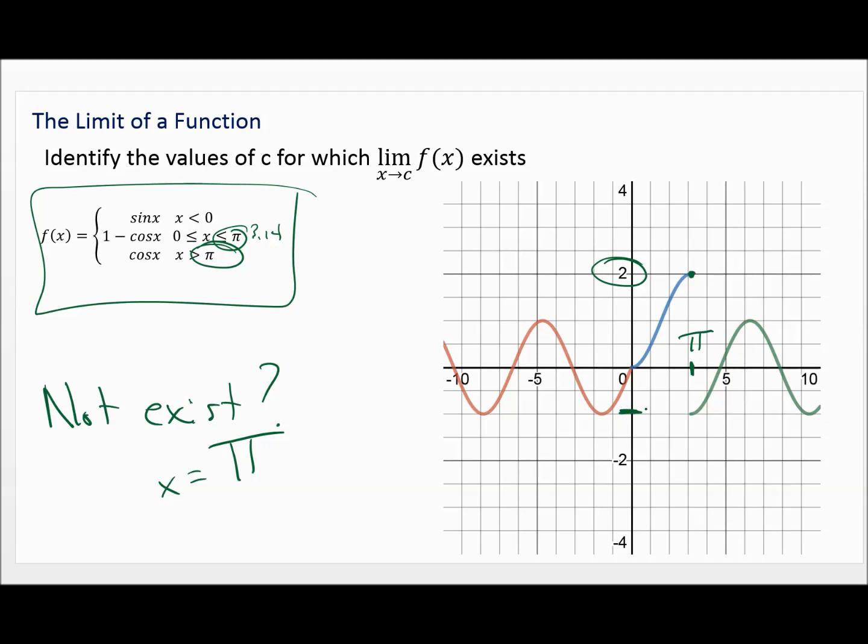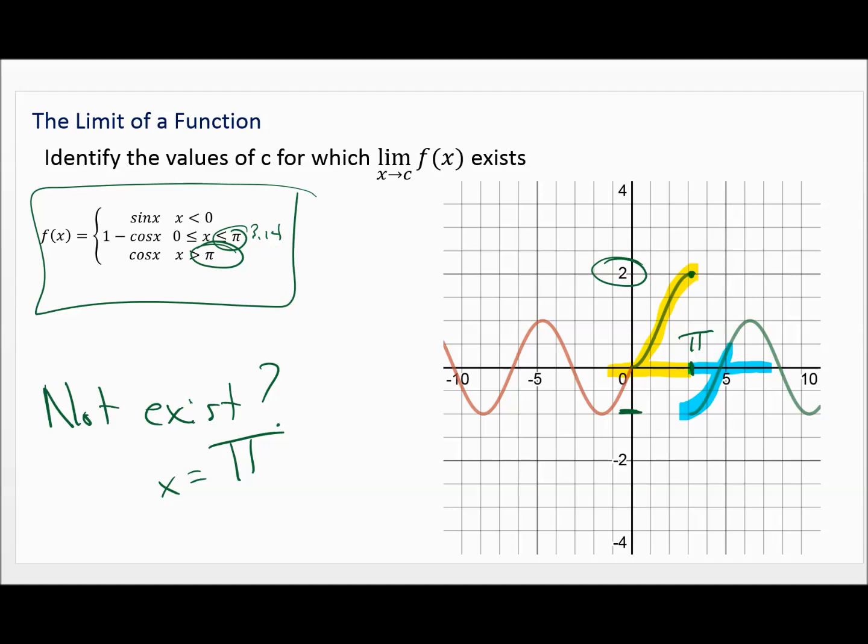Okay? We didn't have to say what those values are. We just know the limit from the left and the limit from the right don't match. If it helps, as I'm going to pi from the left, my graph is going up here. As I'm going to pi from the right, my graph goes down here. And clearly, those don't run together and turn into a nice green color.